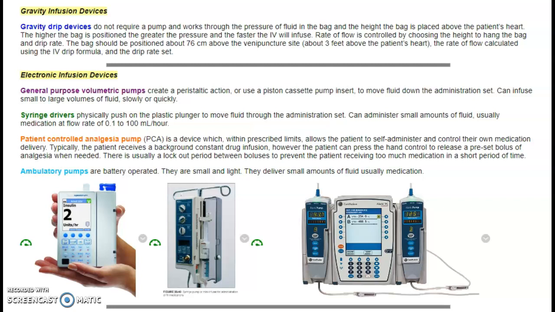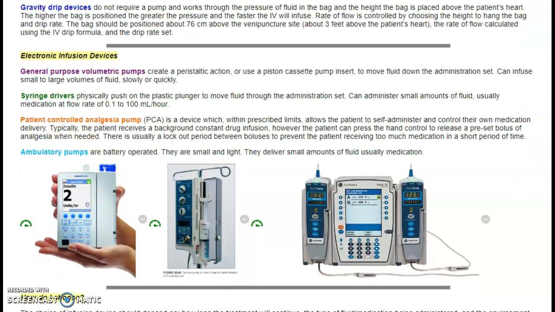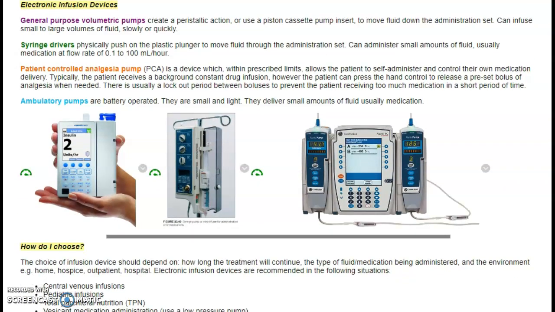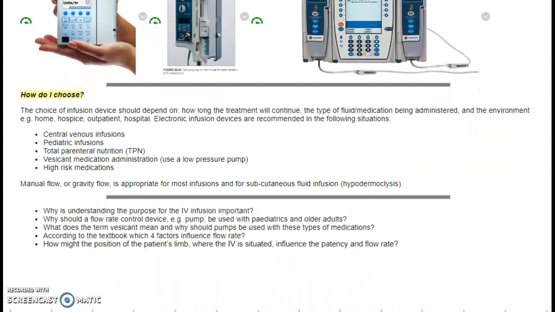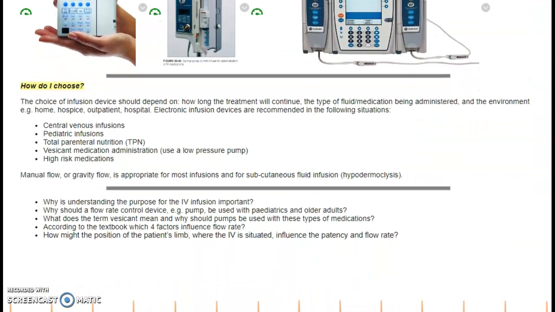There are a variety of different electronic infusion devices the nurse may use, and most agencies have their own company that they use, so nurses will be educated how to use the pumps when they go to that particular agency. How do I choose which pump to use? It depends whether it's a central venous infusion, a pediatric infusion, whether there is total parenteral nutrition going in, whether it's a vesicant medication.